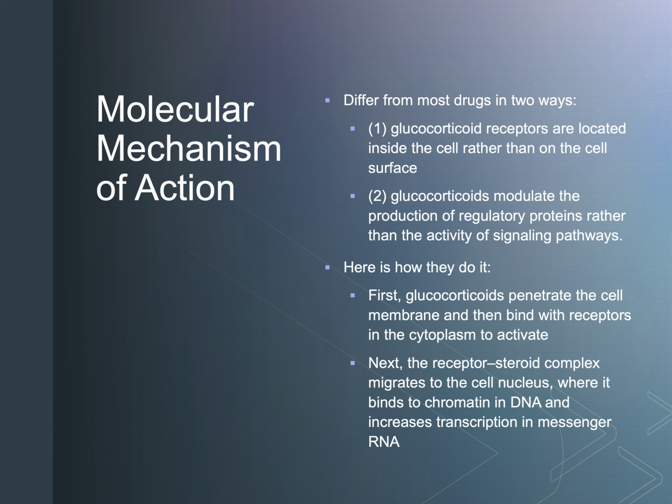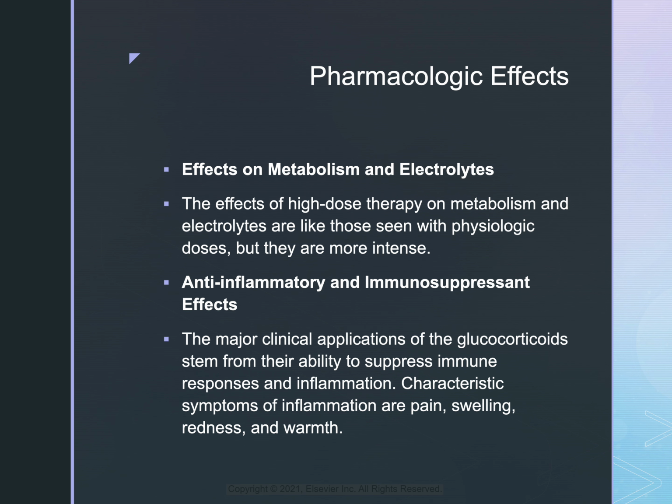High doses of glucocorticoids can cause effects on metabolism and electrolytes. In terms of electrolytes, you can cause significant sodium retention, so hypernatremia, or potassium loss, or hypokalemia.